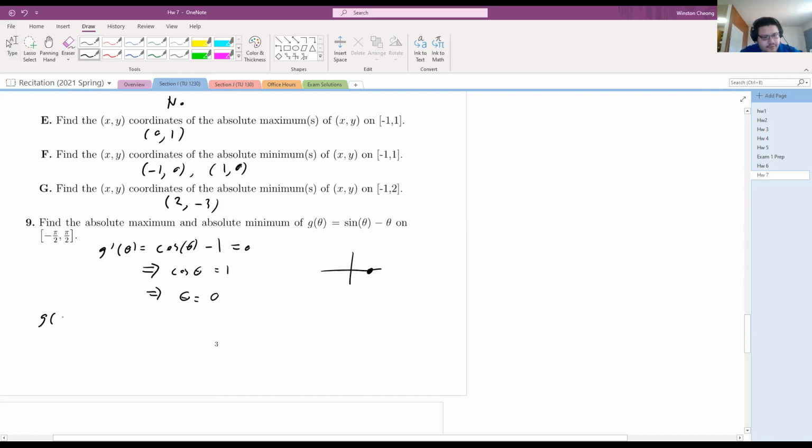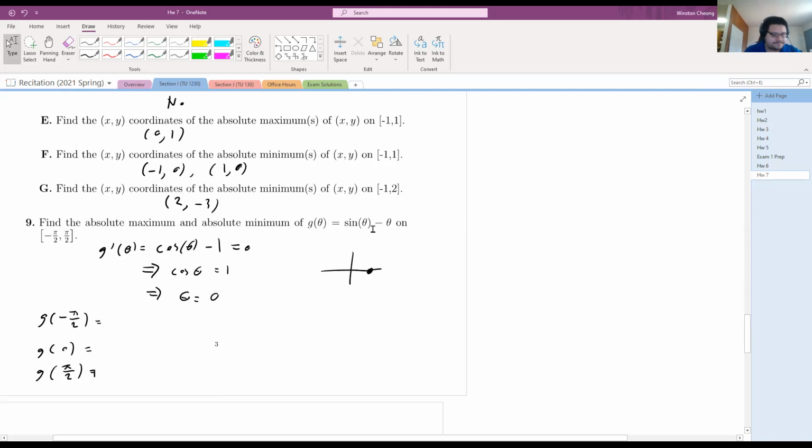So we just plug in, and I may as well write these in order. I know I need to plug into all three. I'm plugging into the original function because I want to figure out the value that the function takes. What is the height of that function?